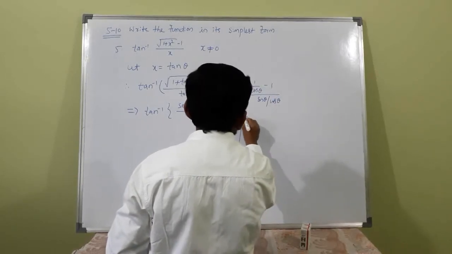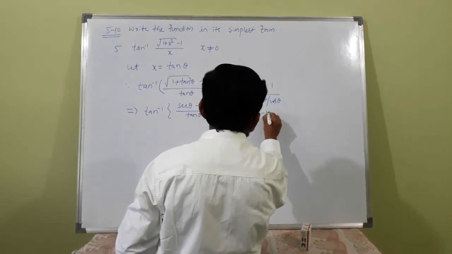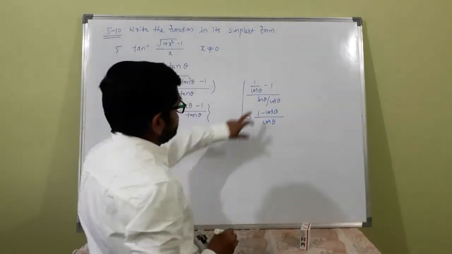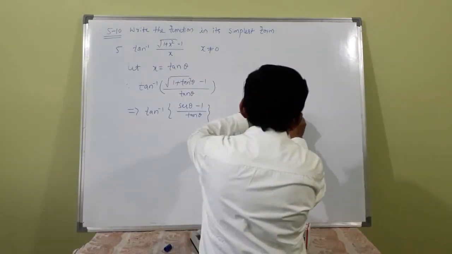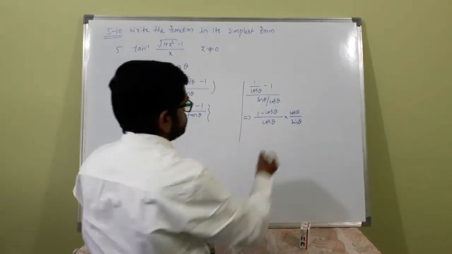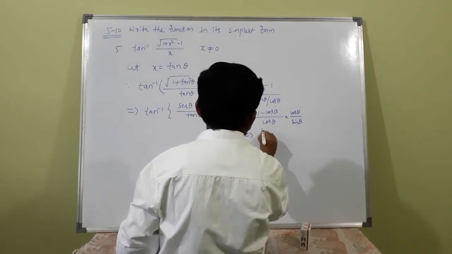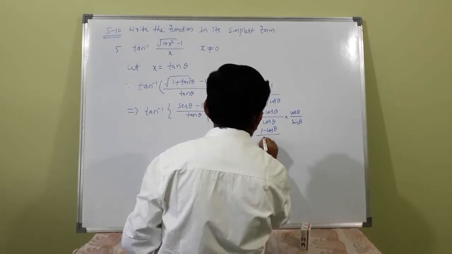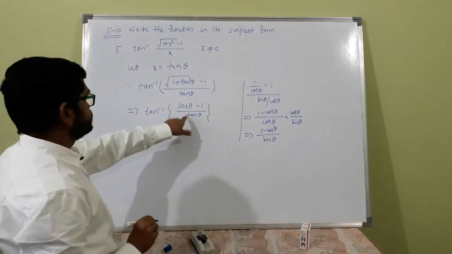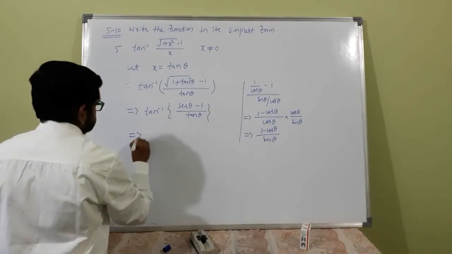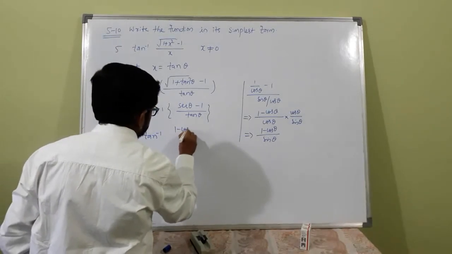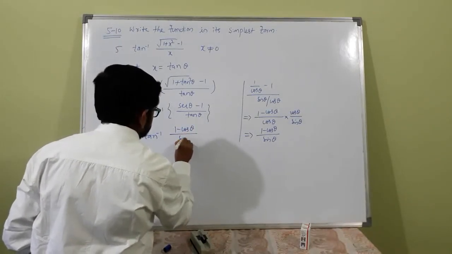So this is 1 minus cos theta divided by cos theta, and this goes to, okay, so cos theta gets cancelled. This implies 1 minus cos theta by sin theta. So if you simplify, you will get this. This implies tan inverse of 1 minus cos theta by sin theta.